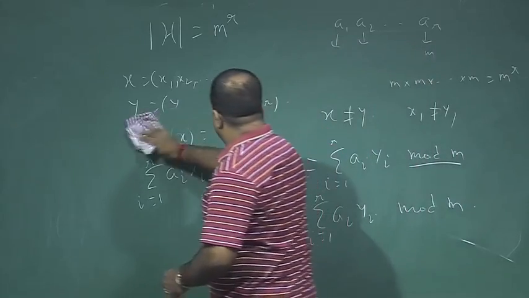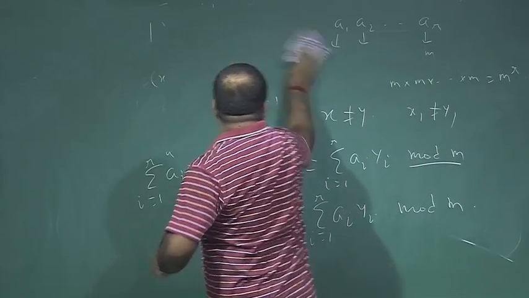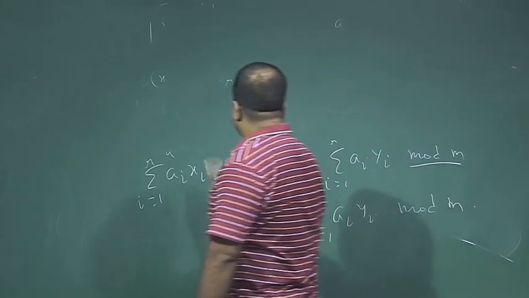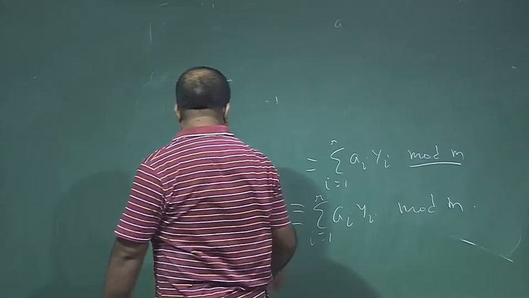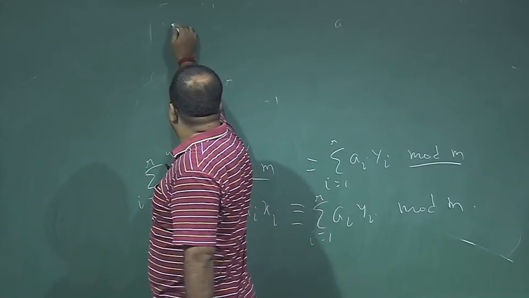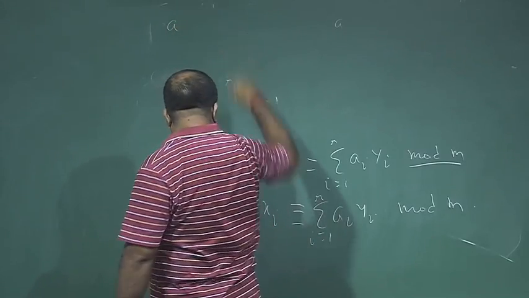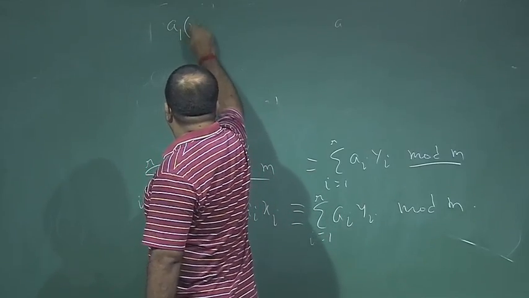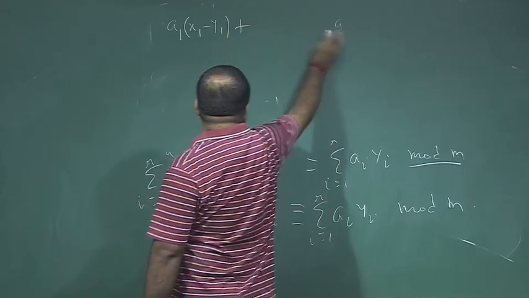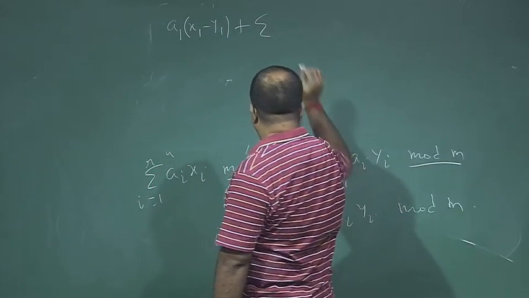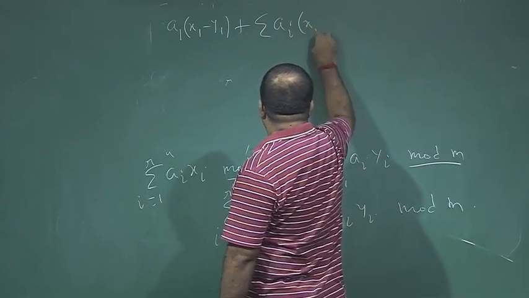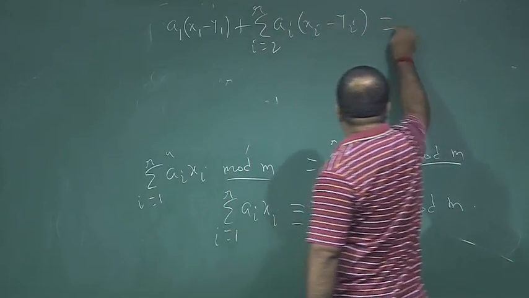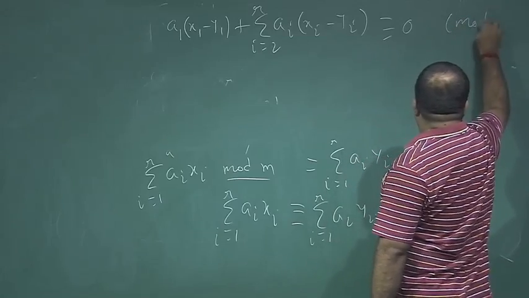Okay, so now we want to simplify this. We take this to one side. So we take a1 common, giving a1 times (x1 minus y1), plus the summation of ai (xi minus yi) for i from 2 to r, which is congruent to 0 mod m.